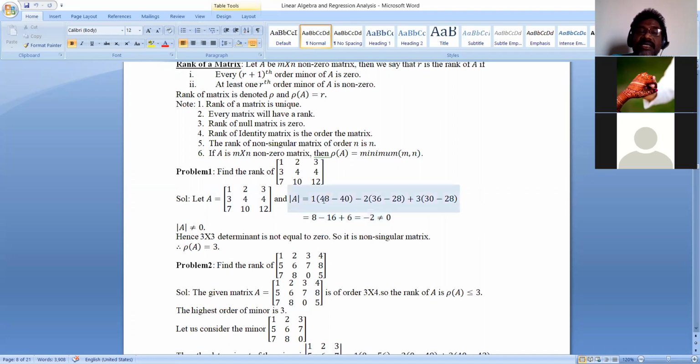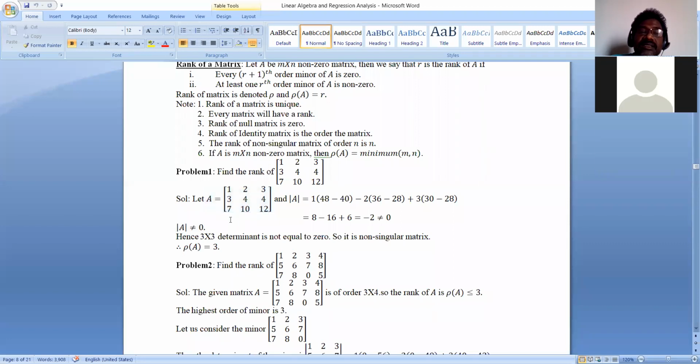That is 8 minus 16 plus 6, which is 14 minus 16, equal to minus 2. Since minus 2 is not equal to 0, the determinant of A is not 0. It is a third order determinant, so the rank of this matrix, denoted by rho, is rho of A equal to 3. It is a non-singular matrix of order 3, hence the rank of A equals 3.